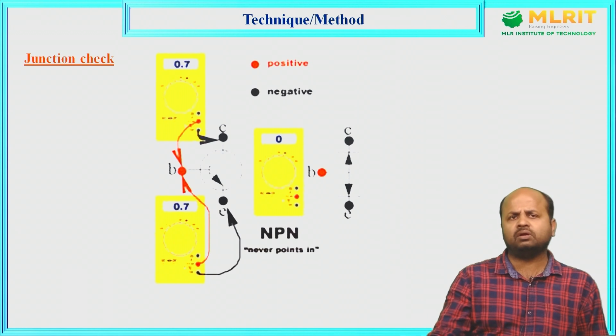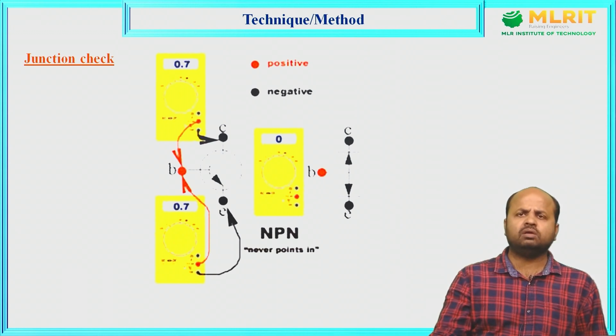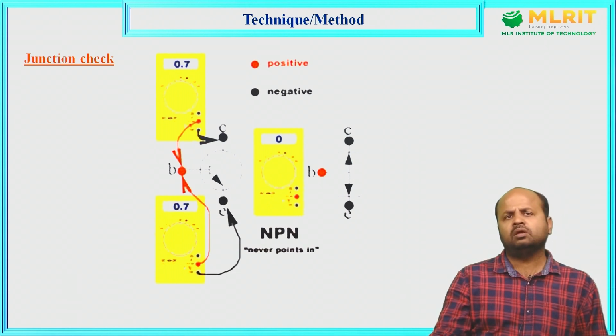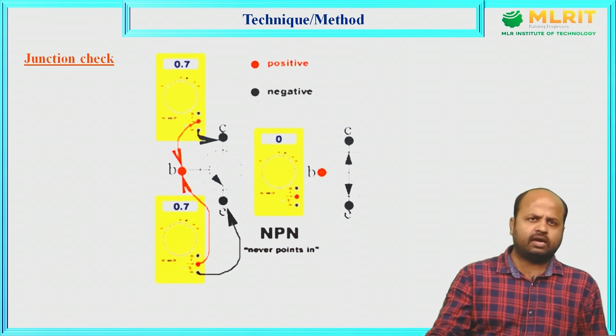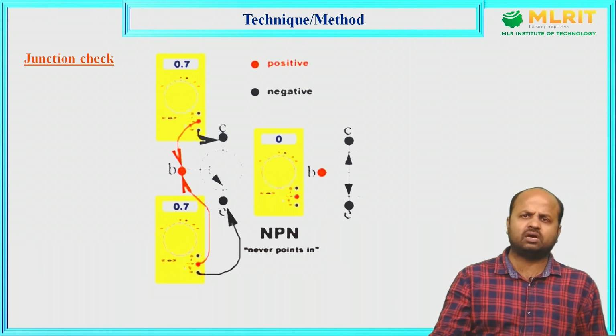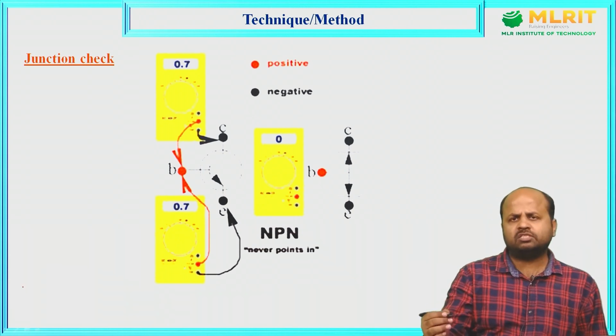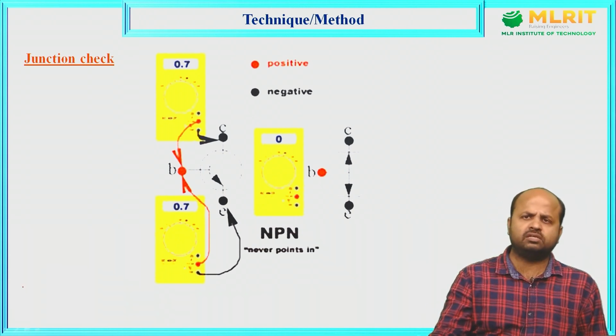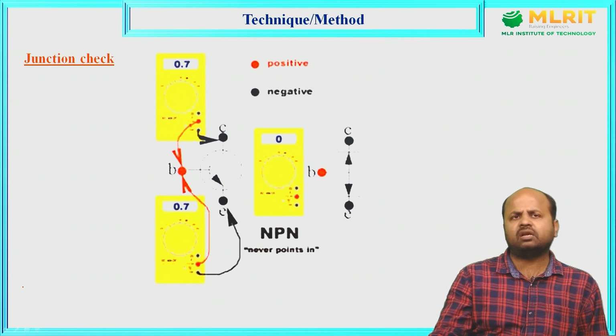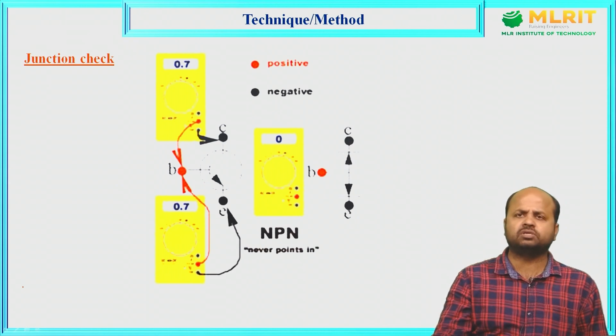If it is giving 0.7 volt, it means the junction is working properly. So for a silicon transistor, we should get 0.7 volt across base and emitter and base and collector whenever they are forward biased. So this is the junction check. Whether the junction is proper or not, we can analyze by checking its junction potential voltage.